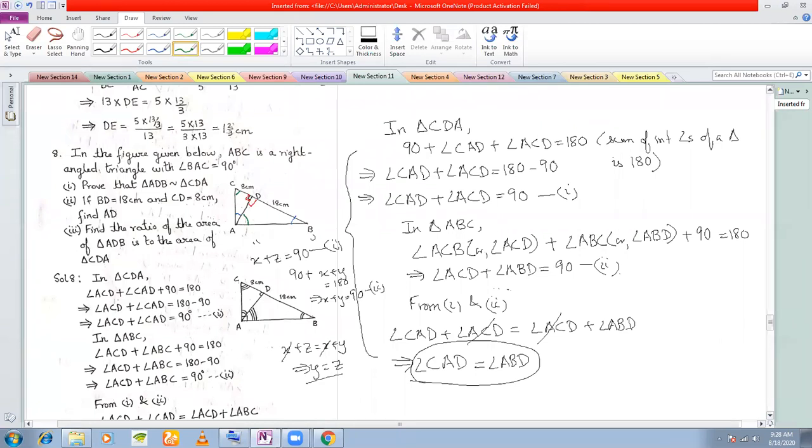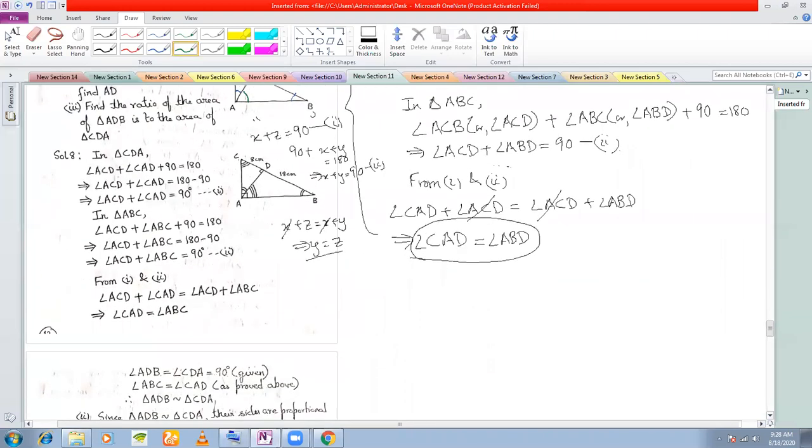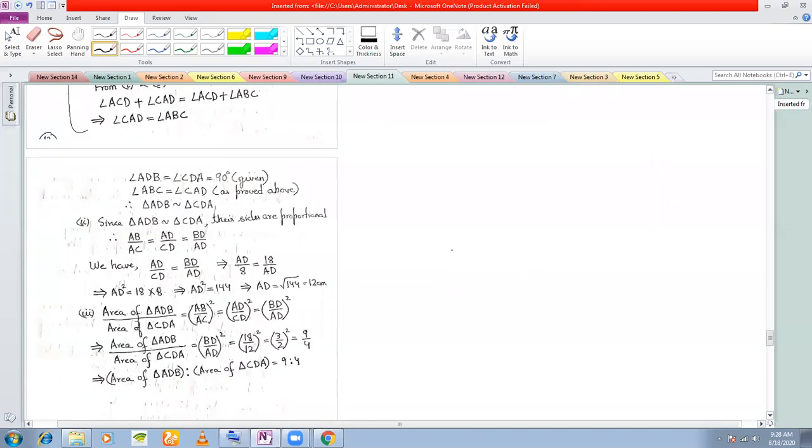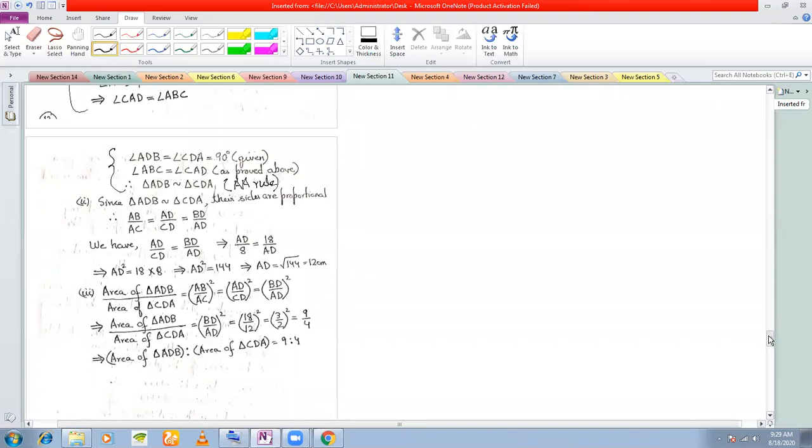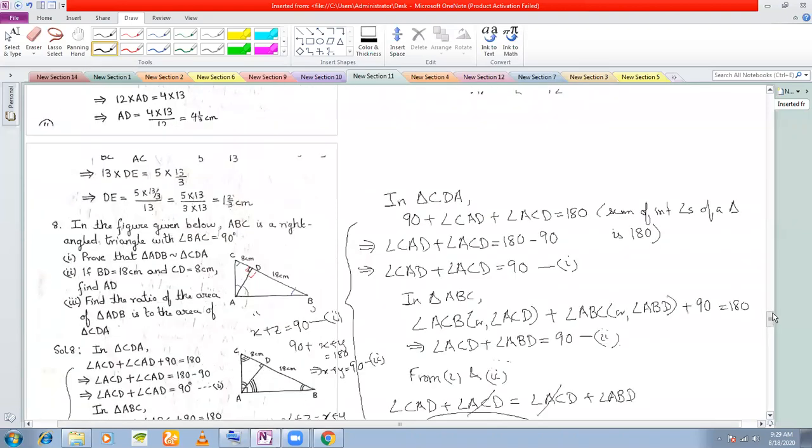So you consider the red angle 90 degree and you consider the blue angle to prove your similarity part, which I have done here. I have proved the angles to be equal, and for the proof of similarity you use the two angles, the right angle and the one that I have proved, by angle rule. I have forgotten to write your angle rule here. You can write angle rule here. Okay, I've proven similarity.